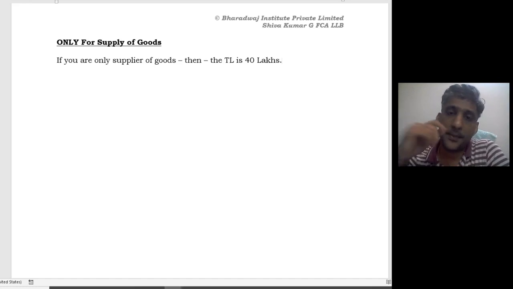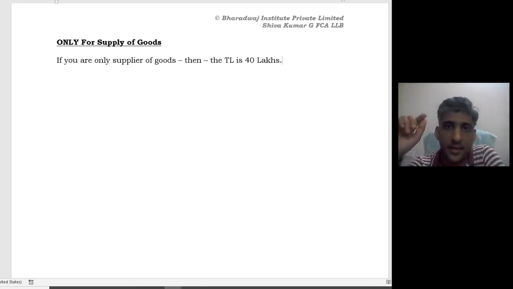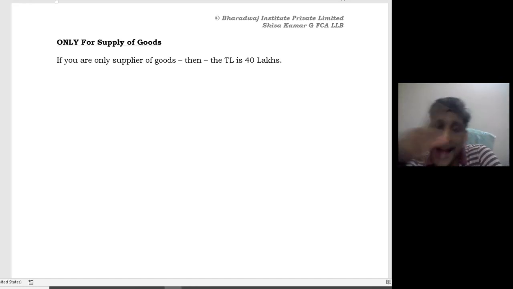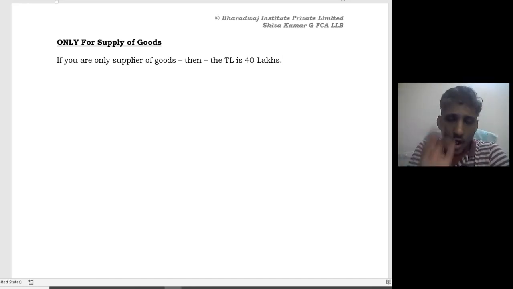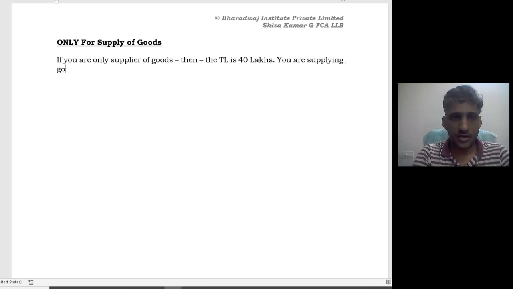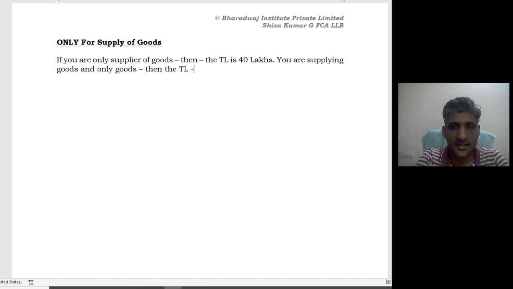If I am a supplier of service, sir, it will be 20 or 10 as above. Sir, if I am a supplier of goods and service, 20 lakhs. Goods and service also 20 lakhs. You are supplying goods, and only goods, then the threshold limit is 40 lakhs.